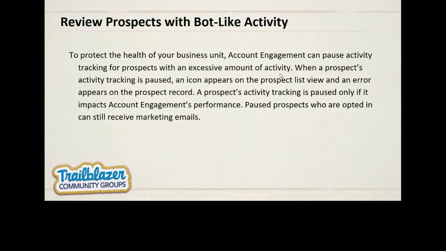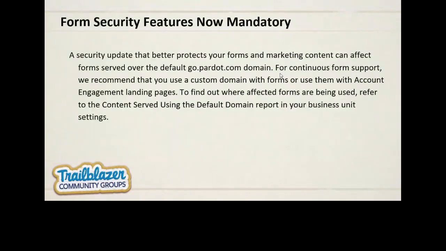So Account Engagement has the intelligence to automatically know whether it's bot activity or not, and based on that it will pause that activity for tracking the prospects. You have the flexibility to review and then mark whether it's a bot activity or a person activity.